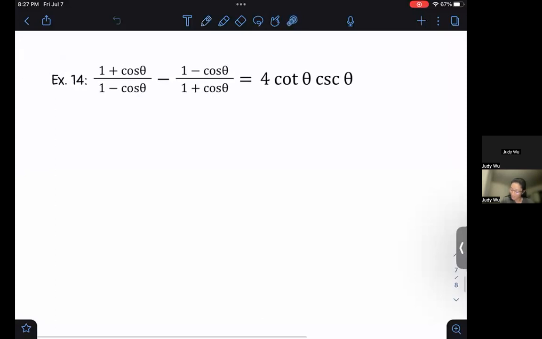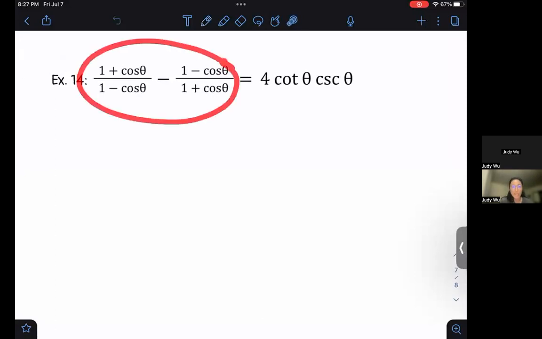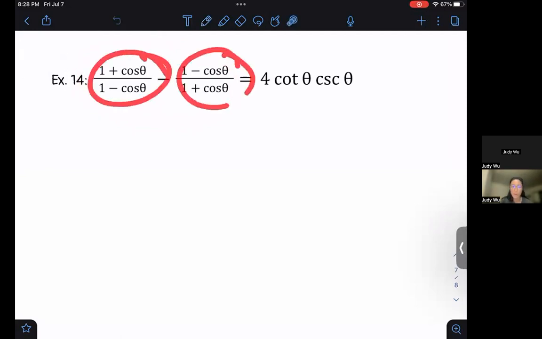We're going to start here with our more complicated side, and we're going to show you another trick that is pretty common in simplifying these identities. I see two fractions, and what I want to do is combine them into a single fraction. In order to do that, I really need to have a common denominator.